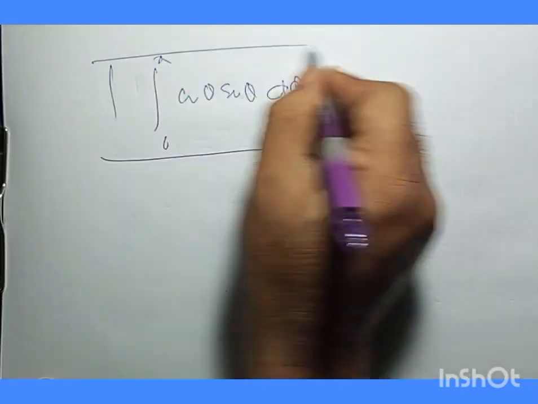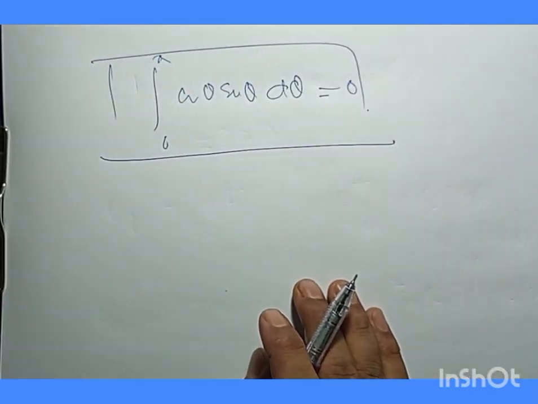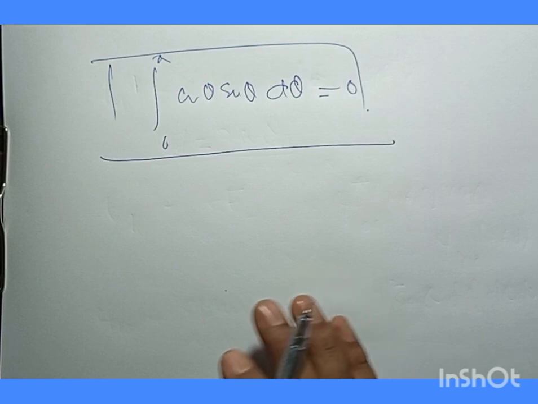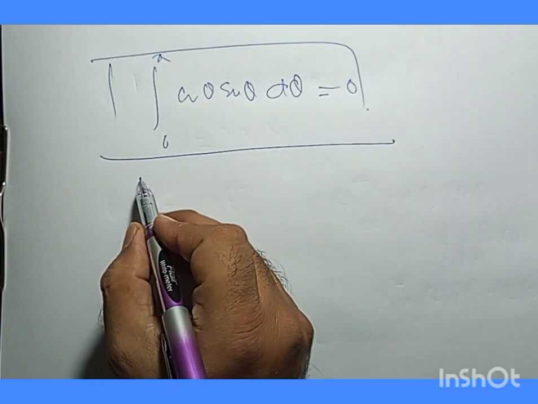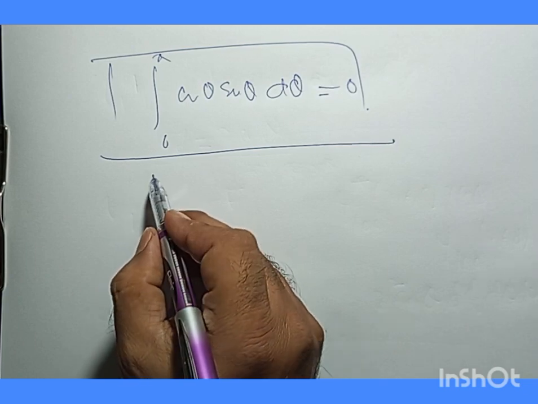Everybody understands it. If this part is 0, then everything is 0. So at this stage, the first order energy correction for the ground state vanishes.